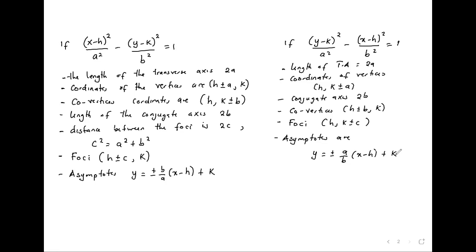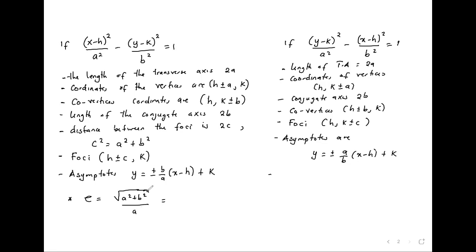The hyperbola also has the eccentricity, so you can talk about the eccentricity here, where e is given by the root of a squared plus b squared over a.